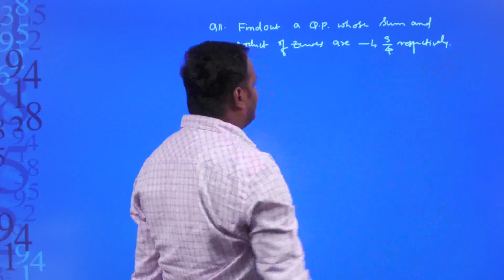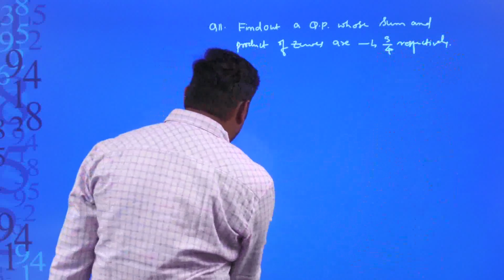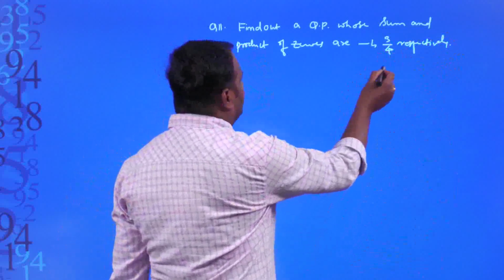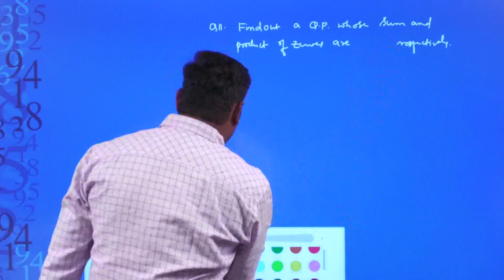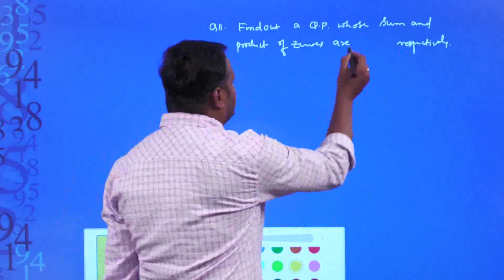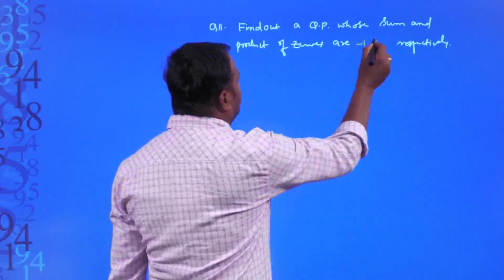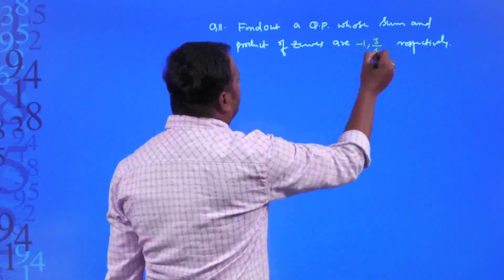So, here the numbers are minus 1 comma 3 divided by 4. So, minus 1 comma 3 divided by 4 are the numbers, and what kind of numbers are they?